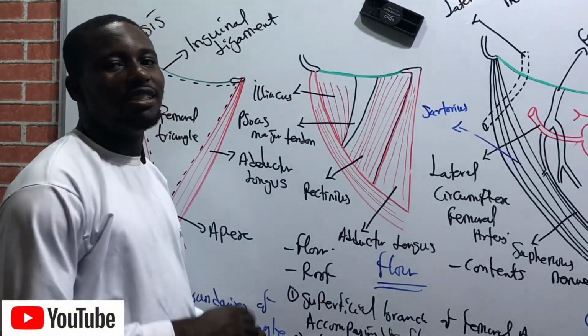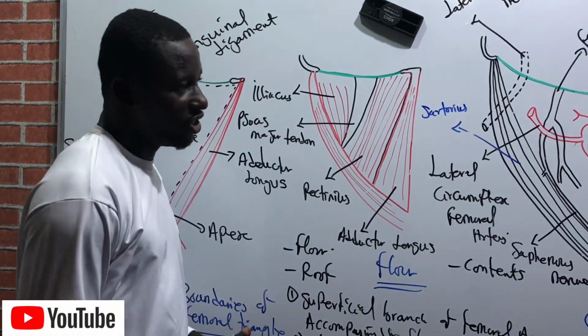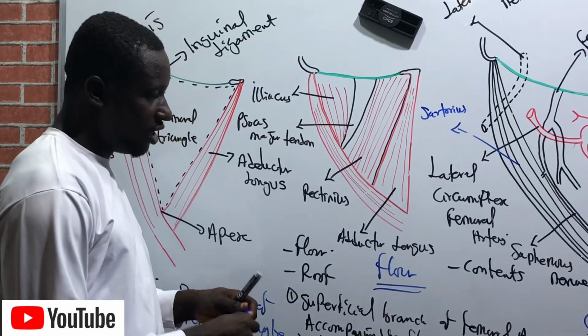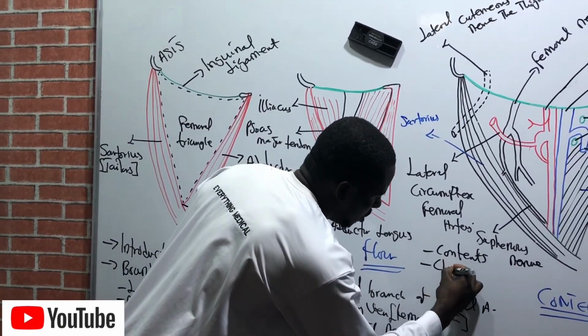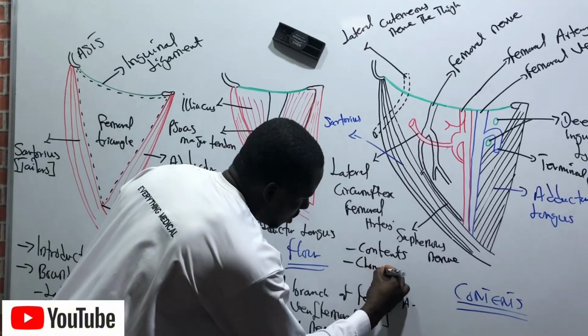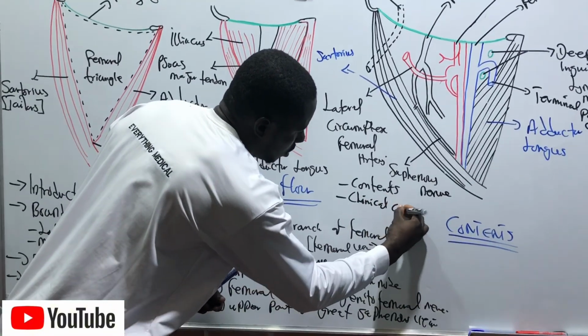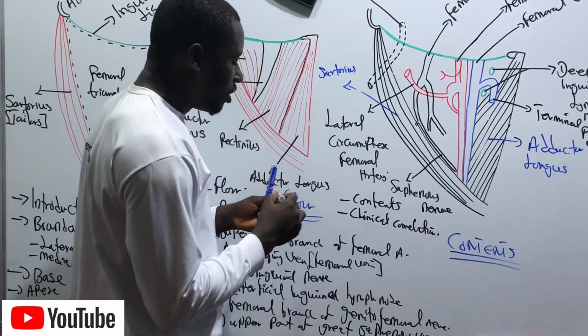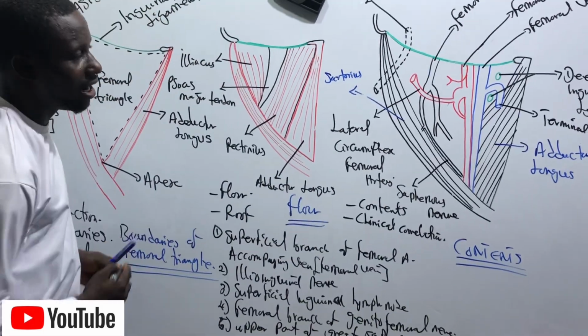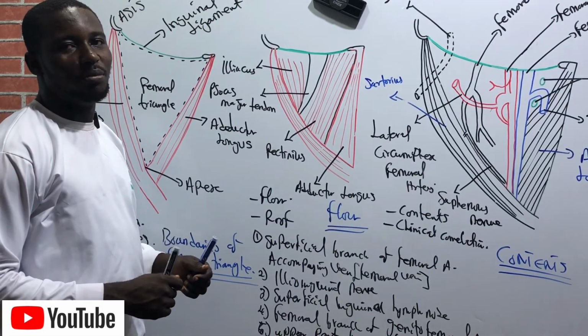The next in line is the clinical correlation of the femoral triangle. The first is the femoral artery pulsation.